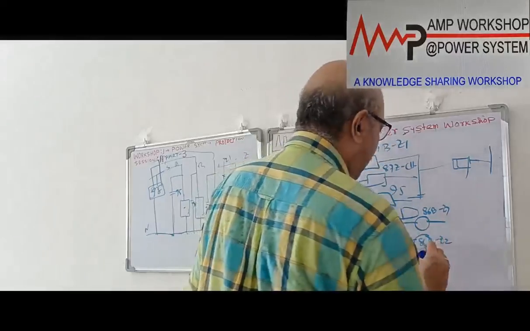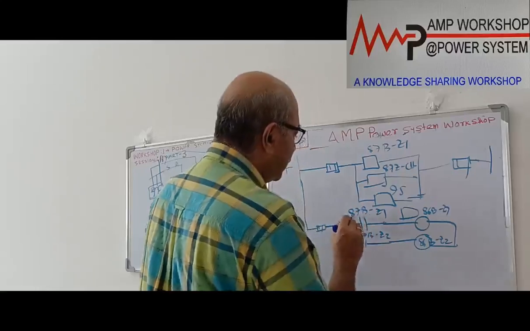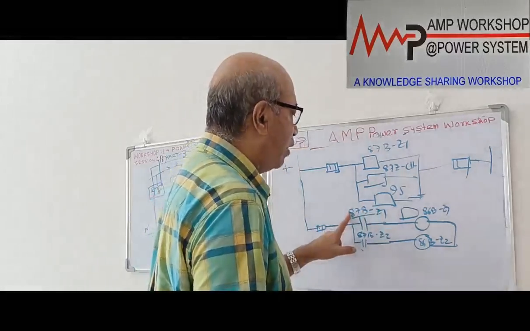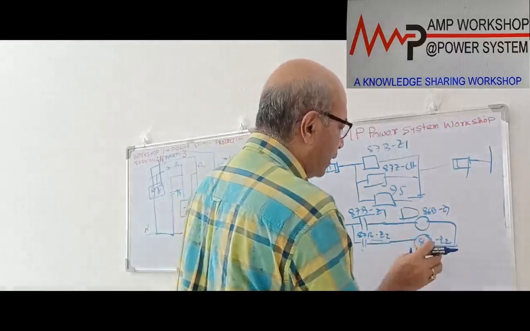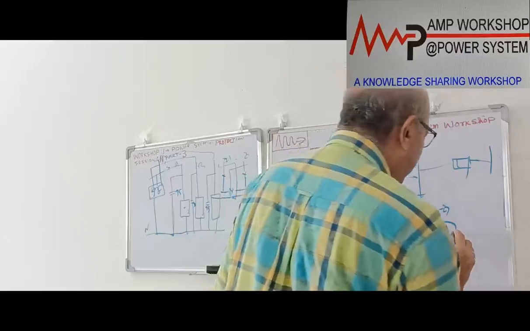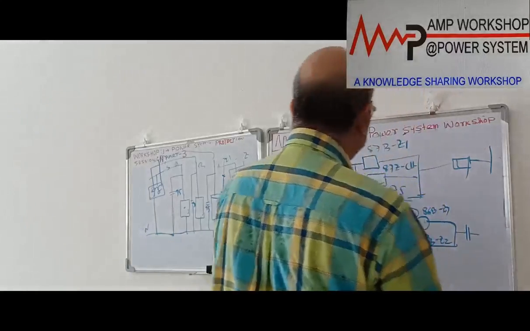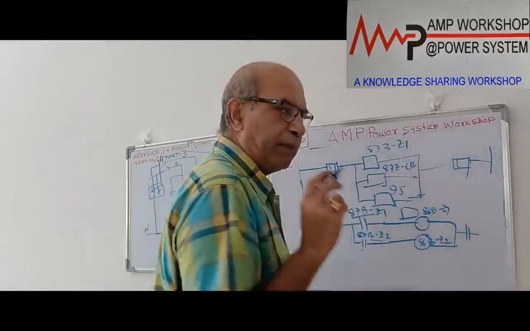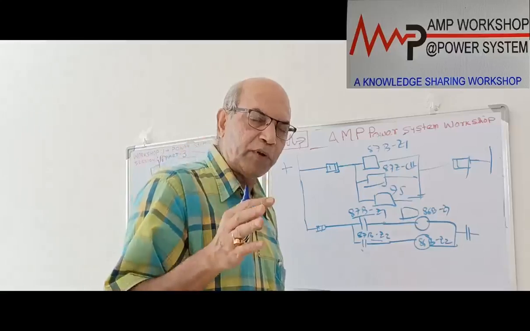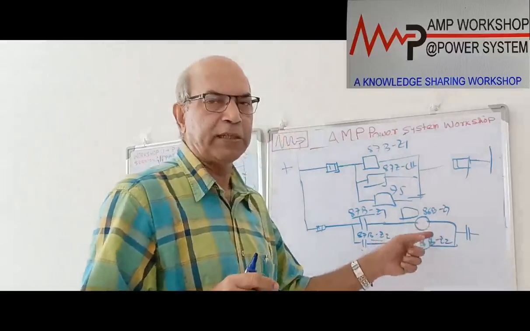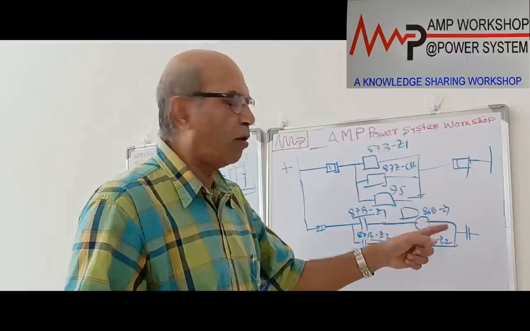These two relays will give output contacts. So when this differential relay 87B1 works, then 86B Z1 will operate. When the second zone relay operates, the second zone lockout relay operates, then it will go to the check relay, because in a bus differential scheme there is always main 1 and main 2, and only when both the protections operate should the bus differential relay operate. In that case only the lockout relay operates.